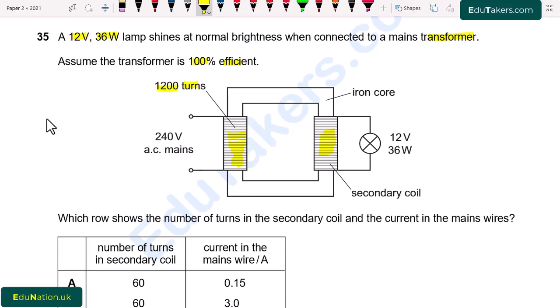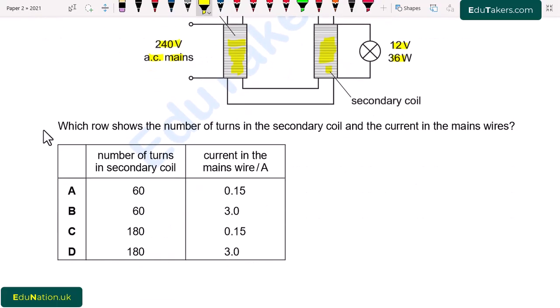The primary coil has 1200 turns and it is connected with the 240 volt AC mains. Next there is a secondary coil across which there is a lamp whose voltage is 12 volt and power is 36 watt. Which row shows the number of turns of the secondary coil and the current in the main wires?